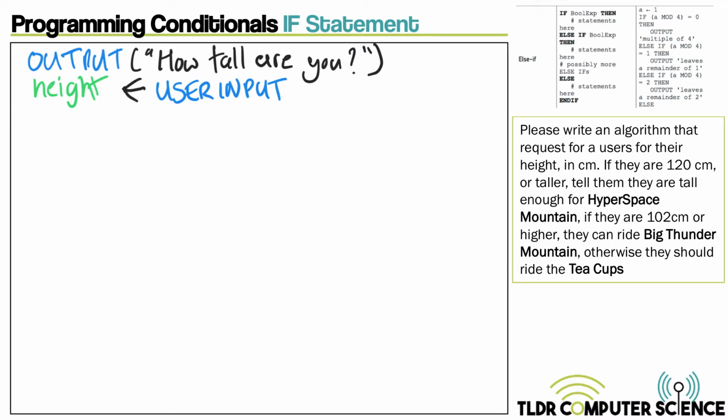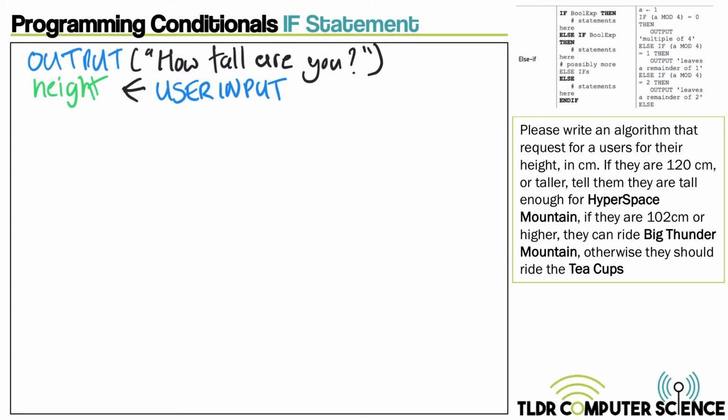Now, before using an if and else statement, you can go in two directions. Now we're saying, if we read the problem for a second, either they go on Hyperspace Mountain if they're 120 centimeters or taller, they can go on Big Thunder Mountain if they're 102 centimeters or taller, otherwise, they can ride the teacups. So we have three outcomes.